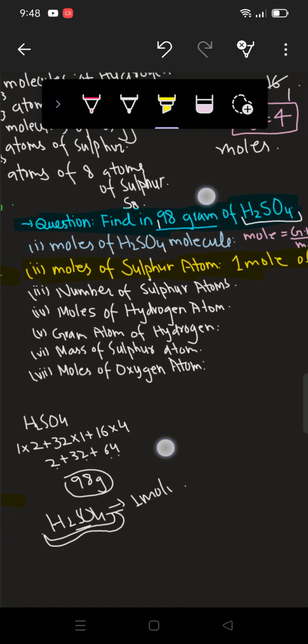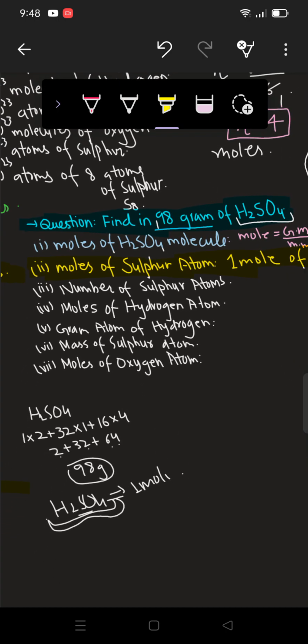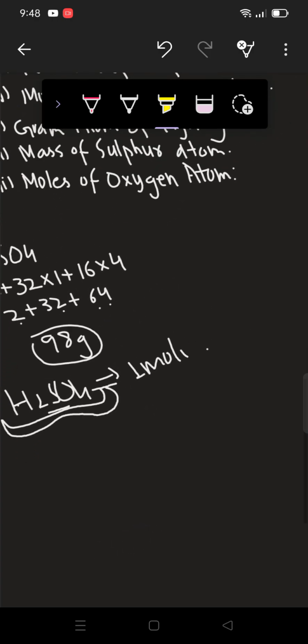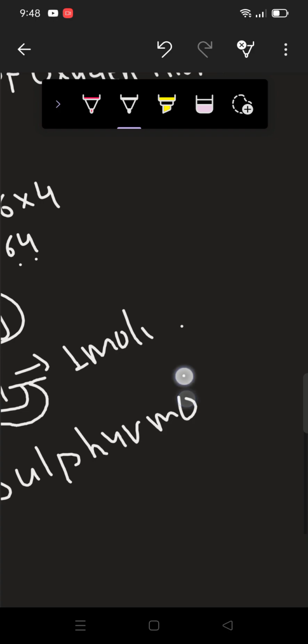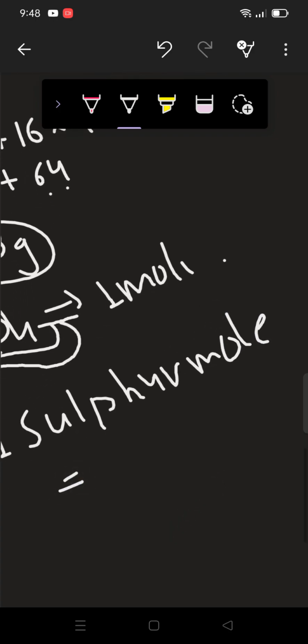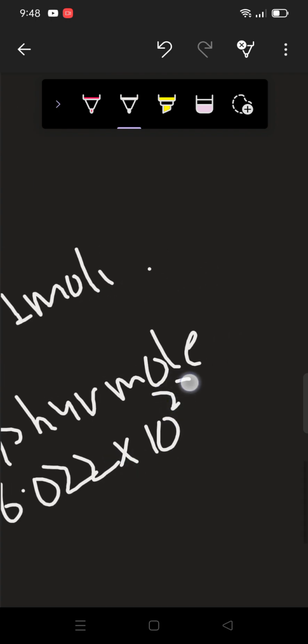Third, we need to find the number of sulfur atoms. How many atoms of sulfur would be there? Since I've already told you, we have 1 mole of sulfur, and any 1 mole will have 6.022 into 10 to the power 23 particles, right?